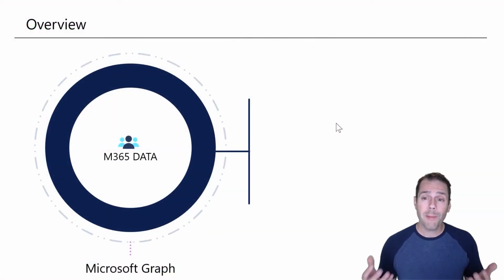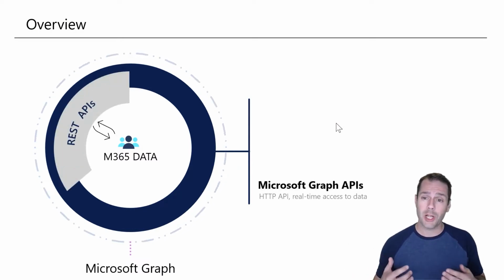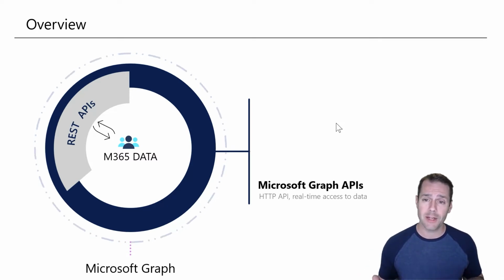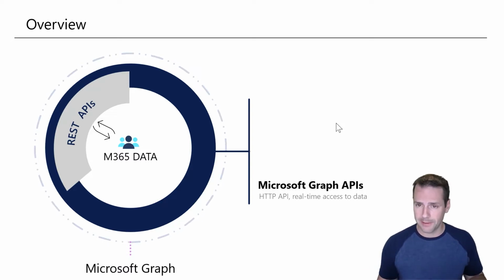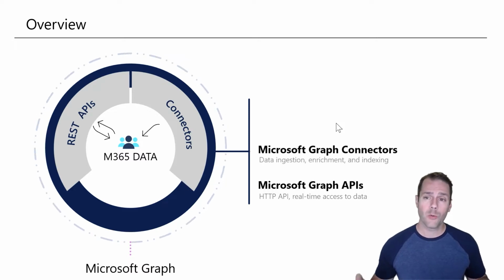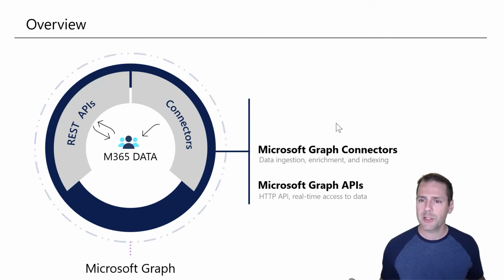There are really three main components to the Microsoft Graph ecosystem. The first one is the REST APIs, which allow transactional operations to be performed against your Microsoft 365 data using CRUD operations: create, read, update, and delete. The second one is the Microsoft Graph connectors, which allow you to bring your on-premises data into the Microsoft Graph to improve the user experience, to create new search-based experiences.